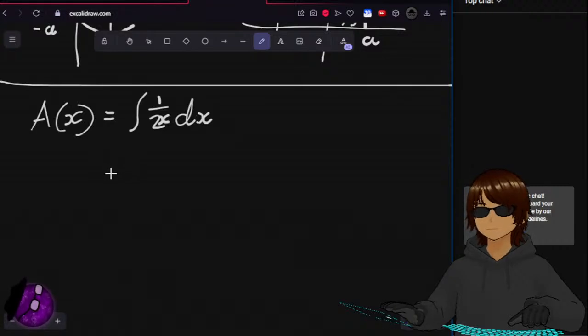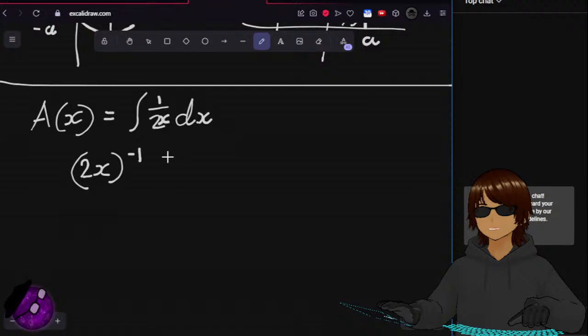So is there a symbol for, and I guess this is the symbol.